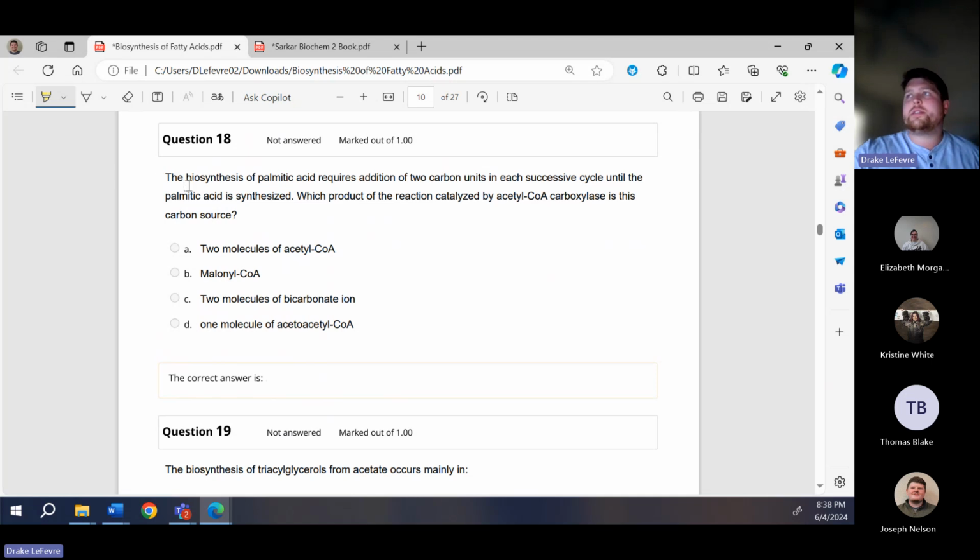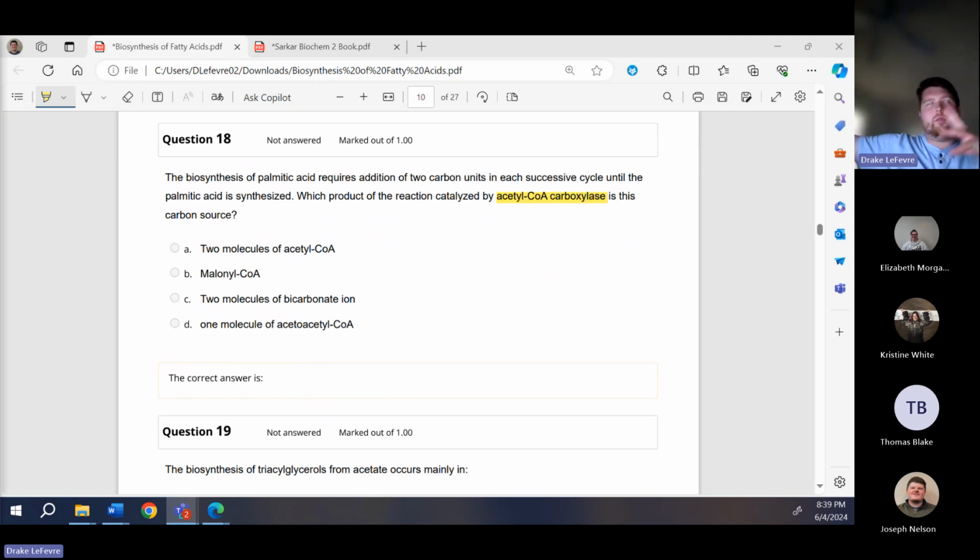The biosynthesis of palmitic acid, 16 carbons, requires addition of 2 carbon units in each successive cycle until palmitic acid is made. Which product of the reaction catalyzed by acetyl-CoA carboxylase is this carbon source? Immediately we look at acetyl-CoA carboxylase. What does it do? What's its job?